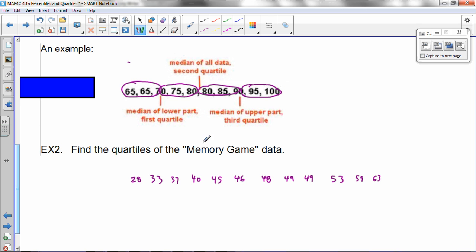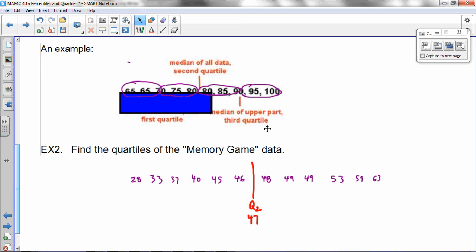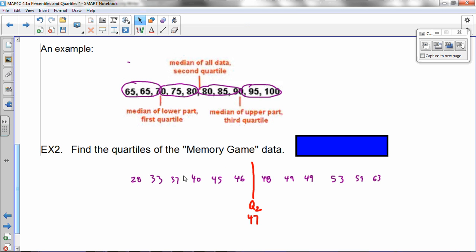So find the quartiles of the memory game data. Where was the median first? Right there. It was 47. And where's the median of the first half of the data? If I cover up the second half, it is right here. It was actually our fast cutoff.